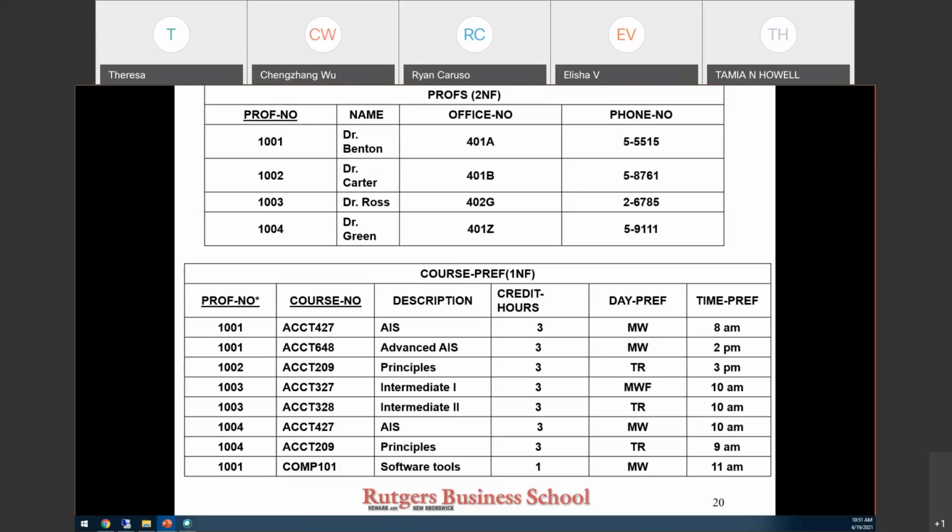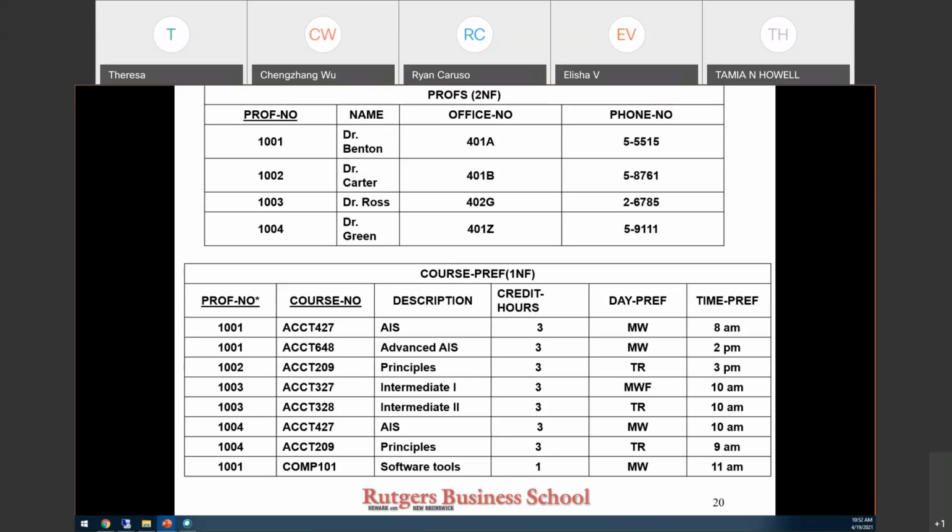We look at the professor table as an example. Let's assume that there is exactly one phone in every office. So there can be only one phone number associated with a given office number.